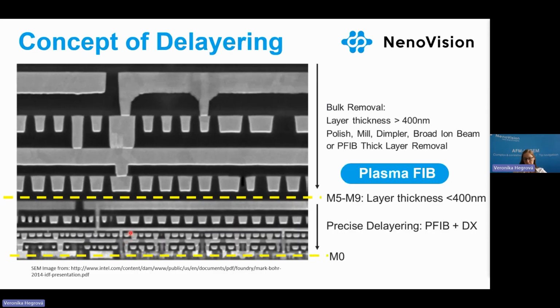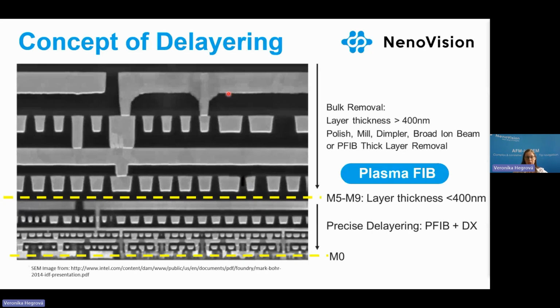But some of you might not know exactly what delayering is. The concept is quite easy. There are several different polishing methods: millers, dimplers, broad ion beam. We used plasma FIB to delayer a larger area. It can be in thicknesses over 400 nanometers. It can be much smaller as well, within single nanometers.